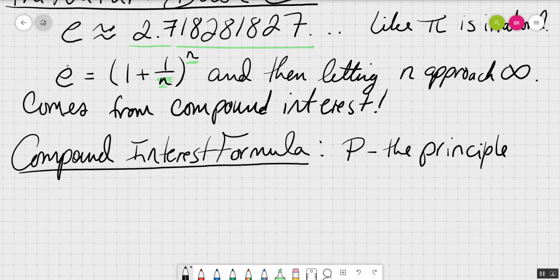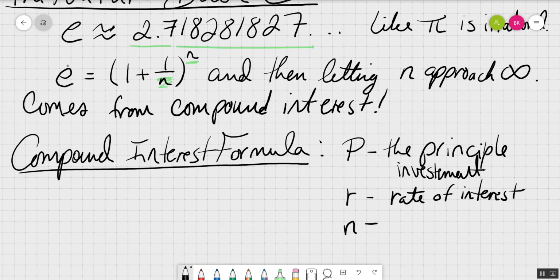So usually we'll call this the principal investment. And then you'll have R, whatever the rate of the account is. So maybe you got 4%. So this is your rate of interest.